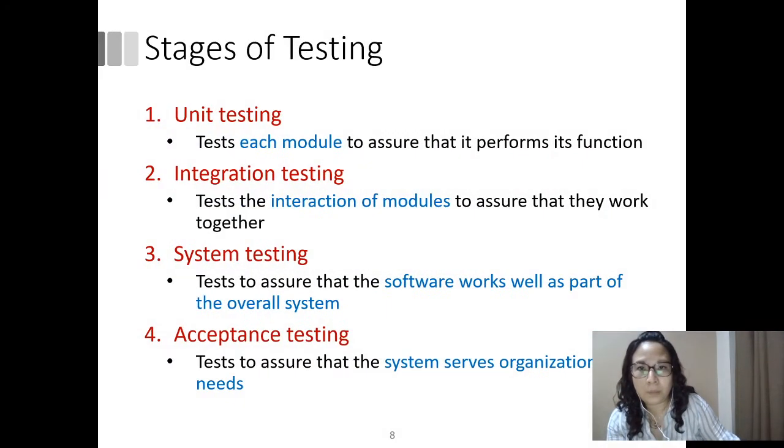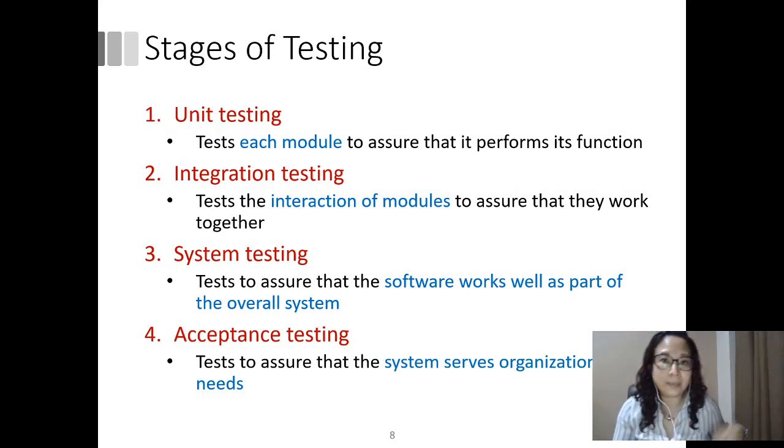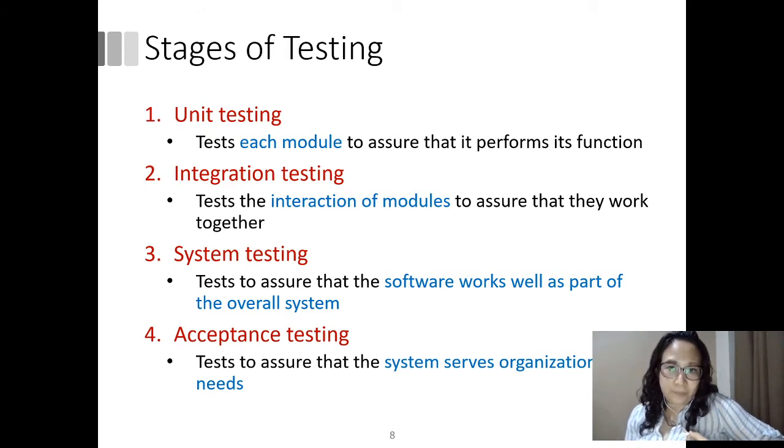Okay, so testing consists of many stages. The first one is unit testing, whereby we test each module or each activity. Usually the unit testing will be done by the programmer, or maybe by the consultant, but the scope of the unit testing is a small function.